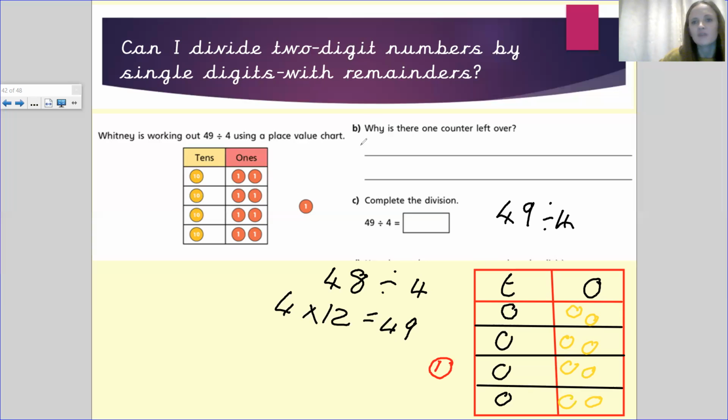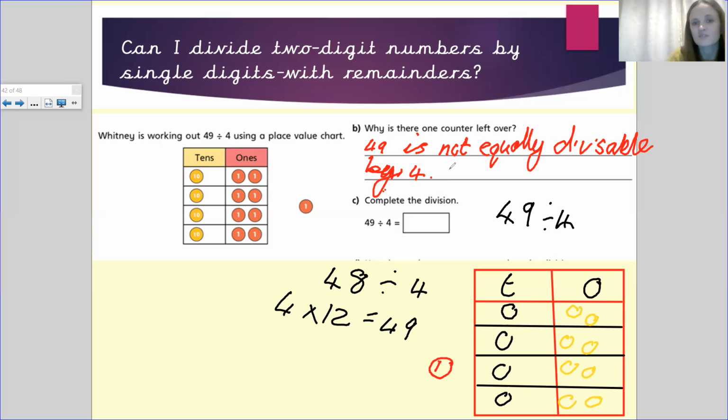Therefore, that's why we've got 1 left over, because it says that 49 is not equally divisible by 4.